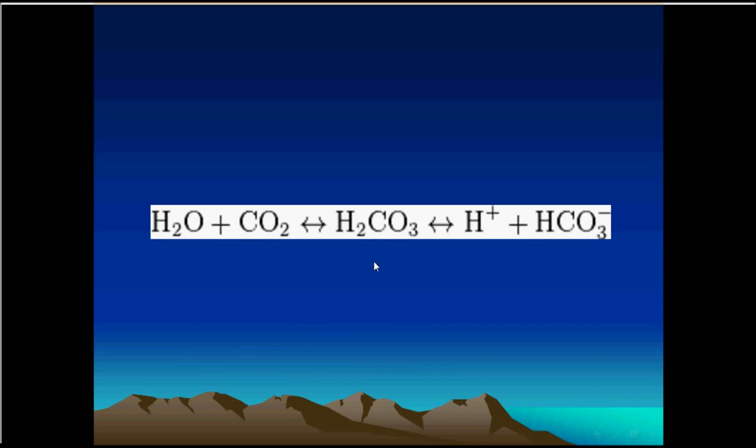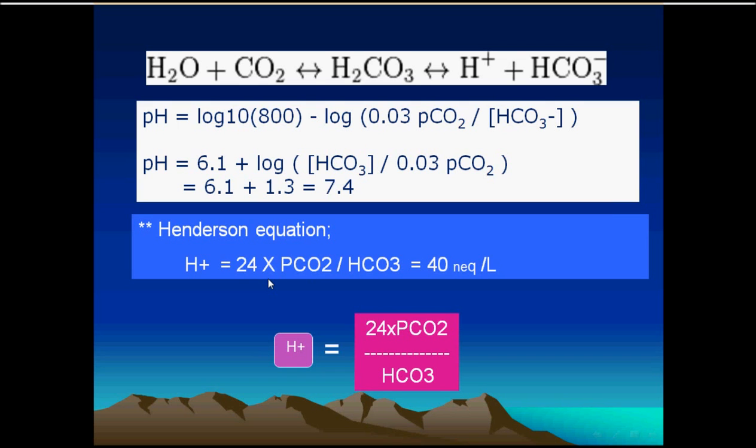The last one, which is bicarbonate, is formed mainly from carbon dioxide dissolving to form carbonic acid and then dissociating to bicarbonate. But what is present is sodium bicarbonate. When it comes to the pH, it equals 6.1, which is the logarithm of the dissociation constant, plus the logarithm of bicarbonate divided by carbonic acid.